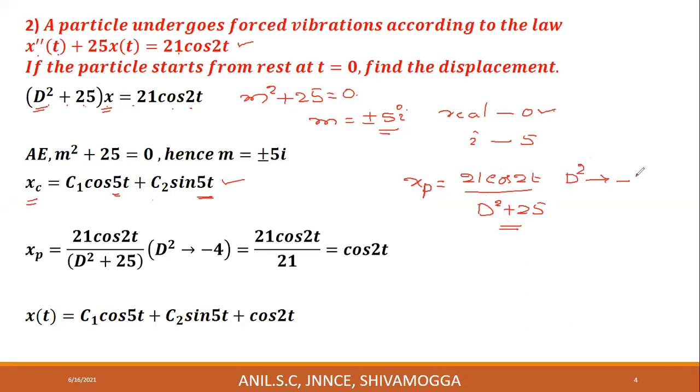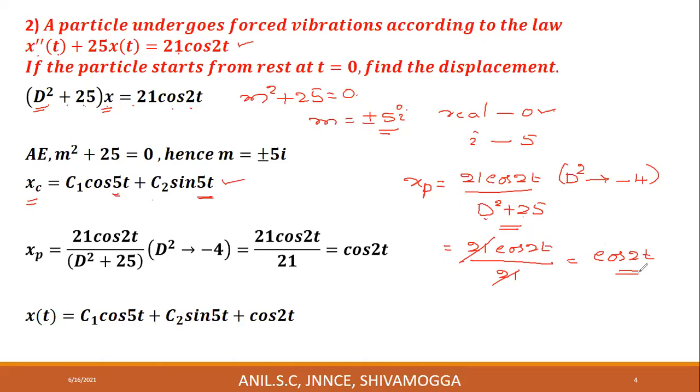Here a is 2, therefore replace by minus 4. Resultant will be 21 cos 2t divided by minus 4 plus 25, which is 21. Cancel this 21 with this 21. Therefore, particular integral is equal to cos 2t.